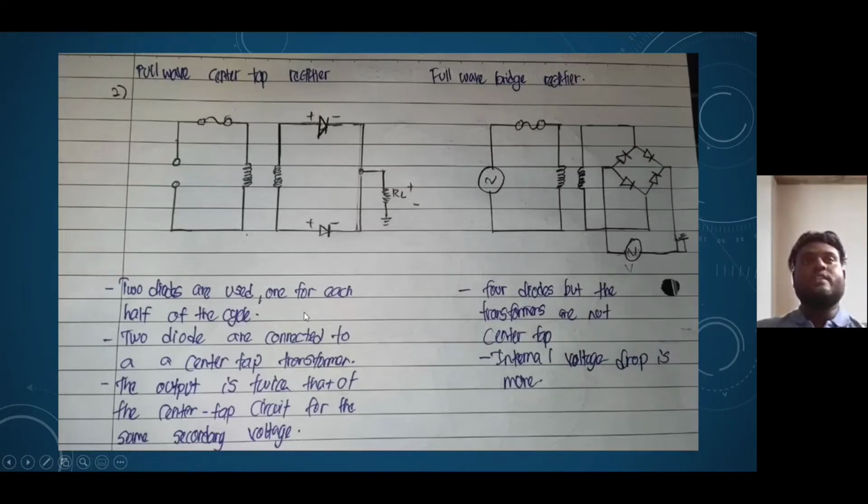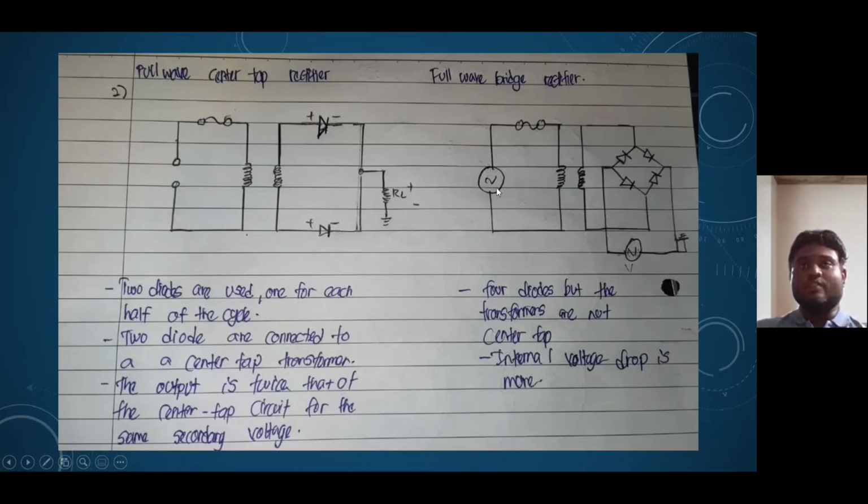For the full wave center tap rectifier, two diodes are used, one for each half of the cycle. Moreover, the two diodes are connected to a center tap transformer, and the output is half of the total secondary voltage.